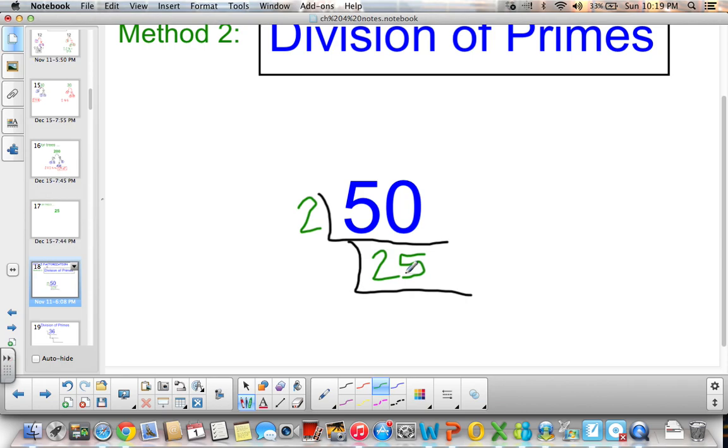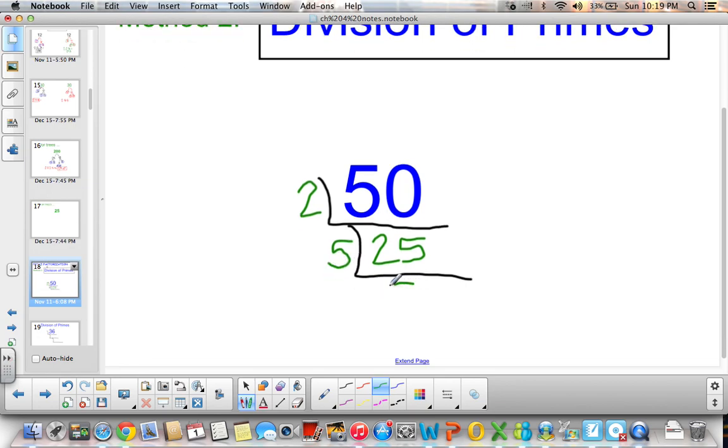Okay? Well, 25 is not done being factored, or 25 is not a prime number, so we can keep going. So I know that 25 can be divided by 5, and then we have 5 on the bottom. 5 is done being factored. 5 is a prime number.